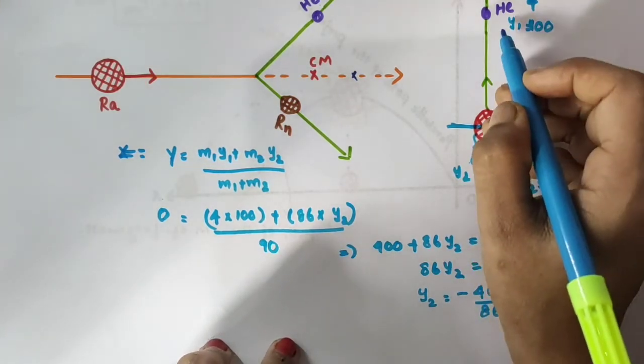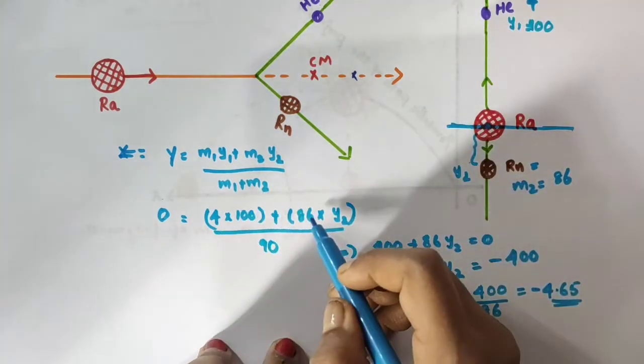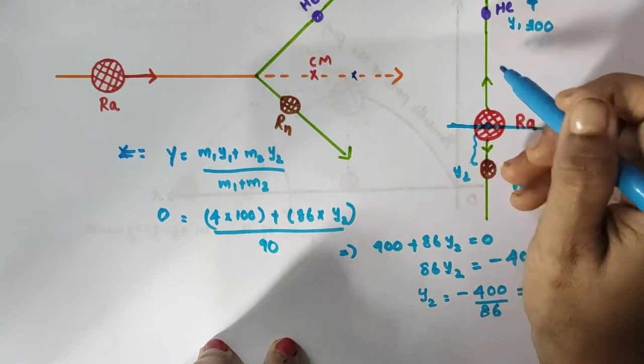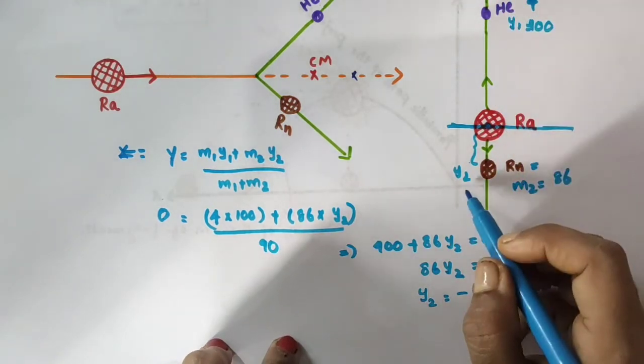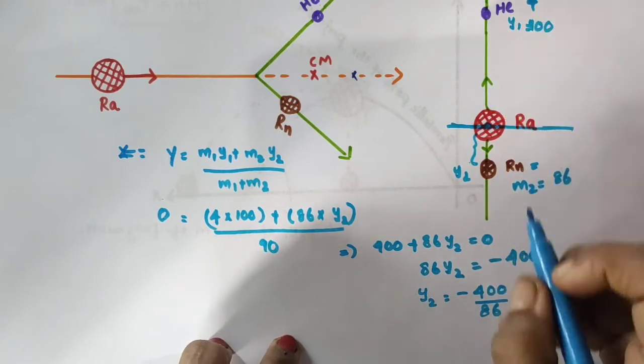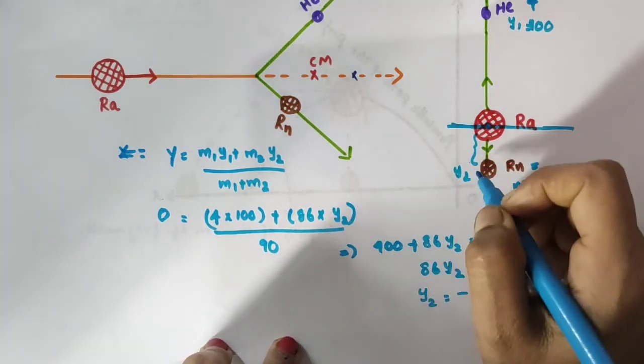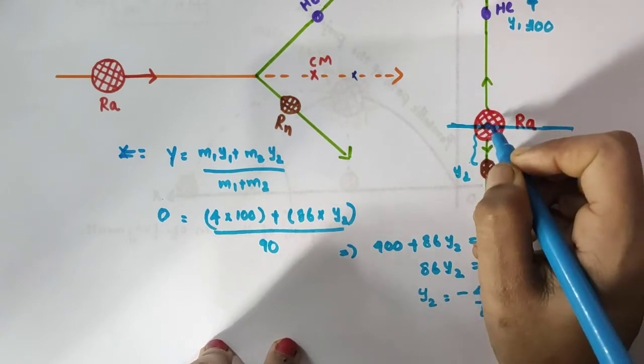The alpha particle has less mass compared to the radon, so it has traveled more distance. The alpha particle has reached 100 units away from the origin, but radon, since it has more mass, has reached only here. Only then would the center of mass remain here itself.